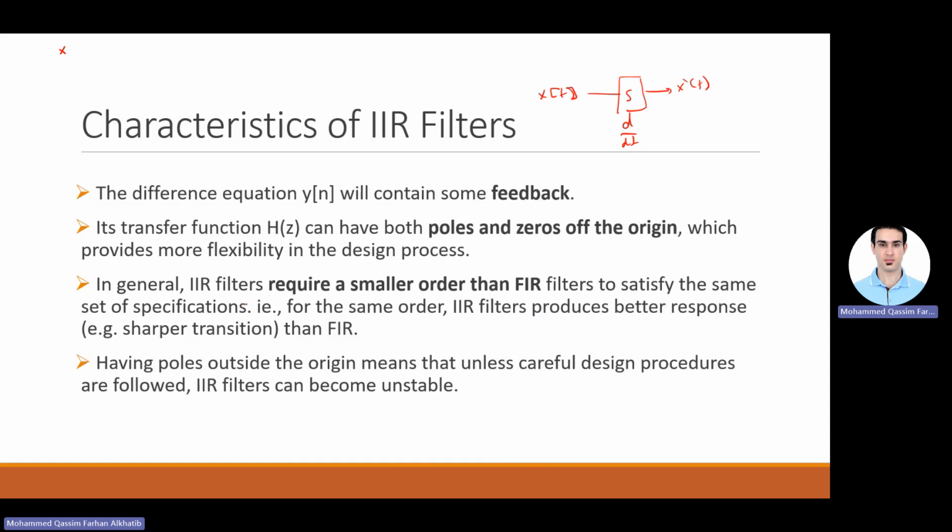So for the same order, IIR filters produce better response when compared to FIR. And that's thanks to the feedback, actually. Having poles outside the origin means that unless there is a careful design procedure, the system will be unstable. So that's some information about IIR filters. You have flexibility in design when compared to FIR.